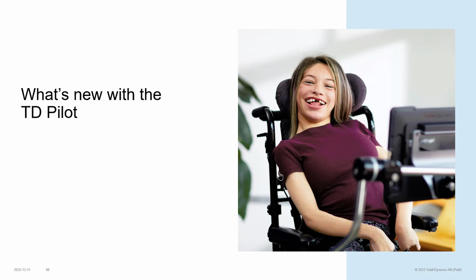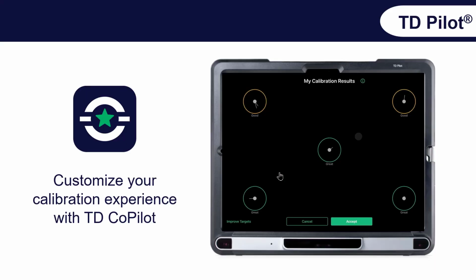Okay, let's have a look what's new with the TD Pilot. So we've worked to improve the calibration experience in the TD Pilot, making it more accessible perhaps for younger learners or those users working at a lower level on the device, maybe people who are still developing their eye gaze skills.